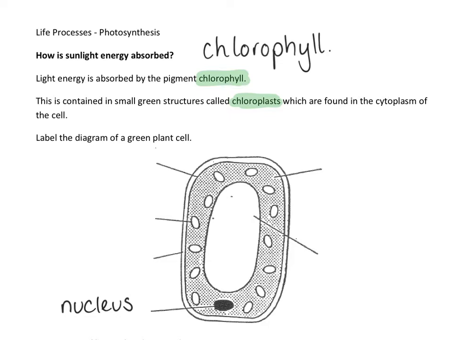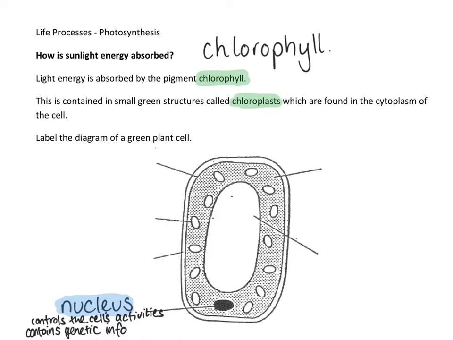The nucleus essentially controls the cell's activities and contains the genetic information. So you might want to write that underneath nucleus. Make nucleus stand out, maybe highlight it or write it in a different colour, and then write your function underneath it. The nucleus controls the cell's activities and contains the genetic information. I'll just put a wee apostrophe there before the S of cells.